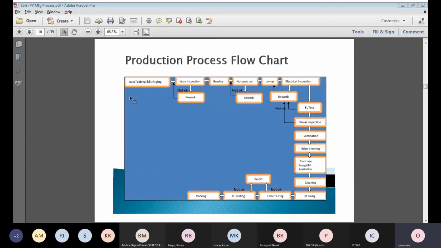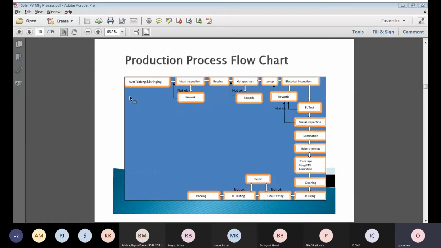Coming to the process, auto tabbing and stringing means we assemble the cells in series connection to make a module. Later on, visual inspection. If there is any problem in the process, it goes to the rework stage. Later on, busing means we connect all the solar cells together with the bus bar.